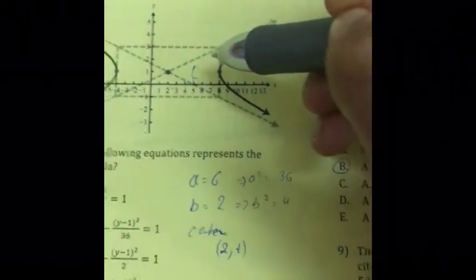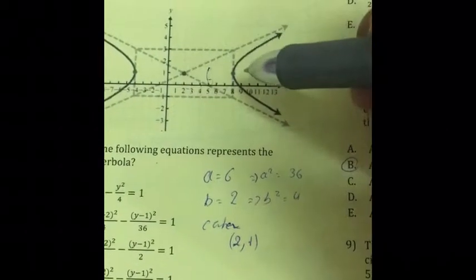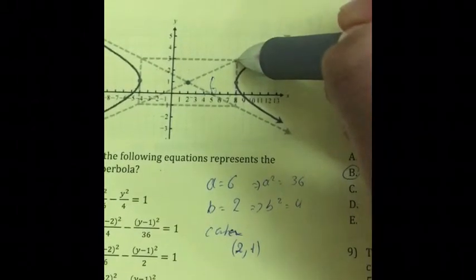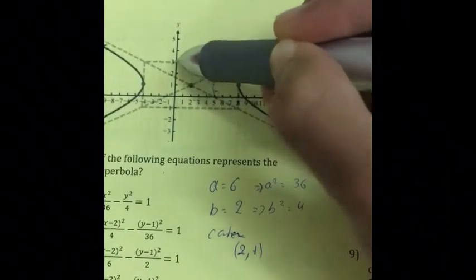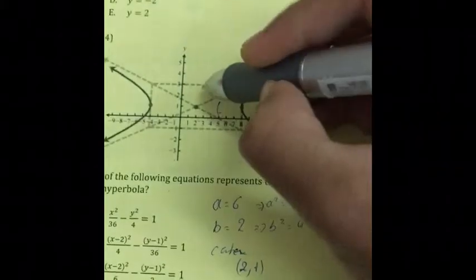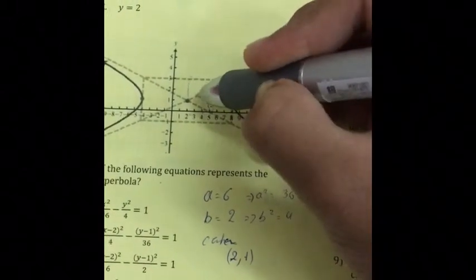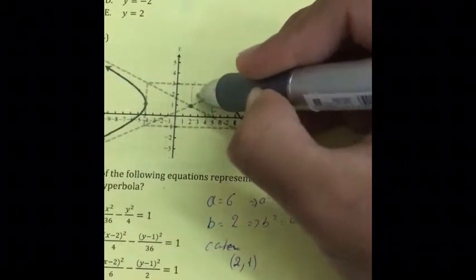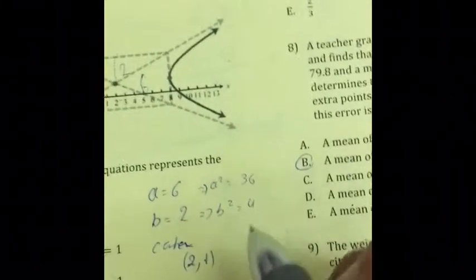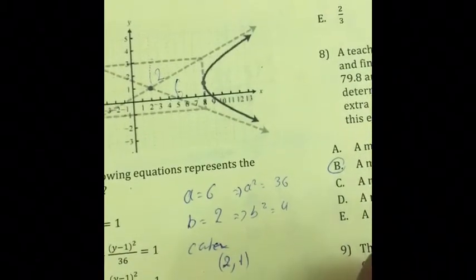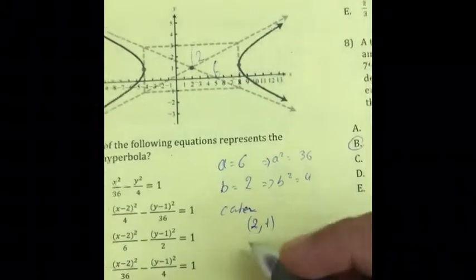And b is the distance between this point and the center, which is exactly right here, from 3 to 1, it's 2. So this is b. So now we have a, b, and the center, so we can find the equation of the hyperbola.